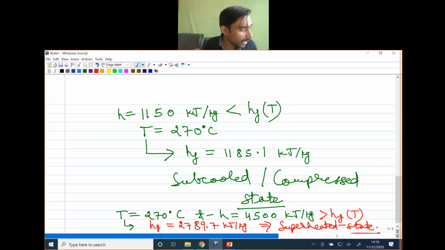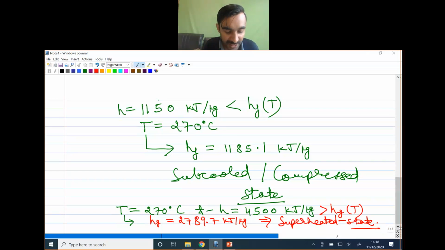Now let us subsequently go into more details of the table. Till now, we have only seen the use of saturated tables for determining the property, or for specifying the given thermodynamic state of the system.